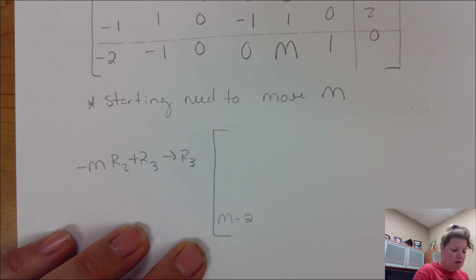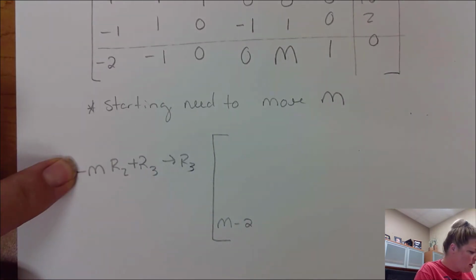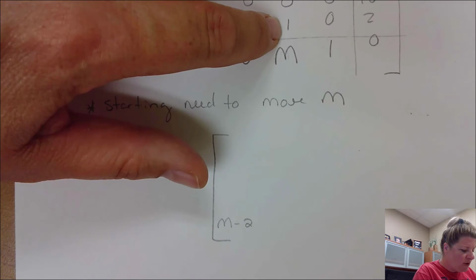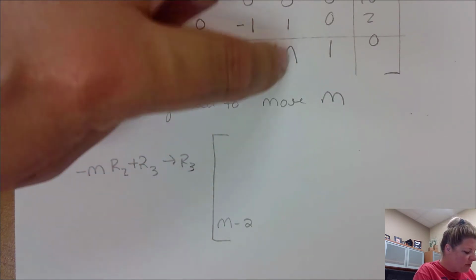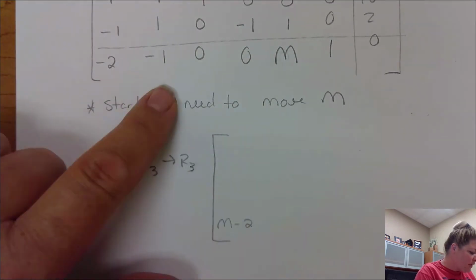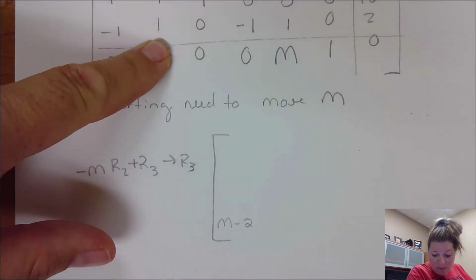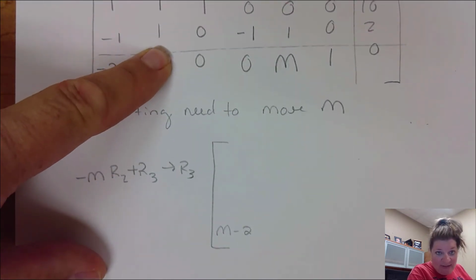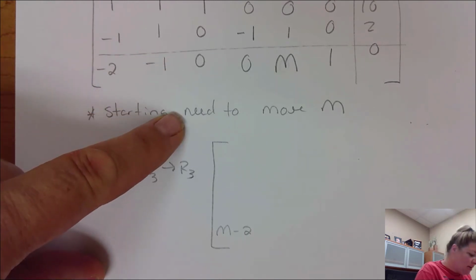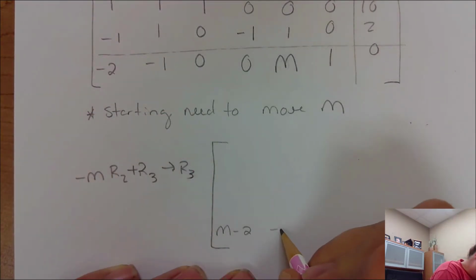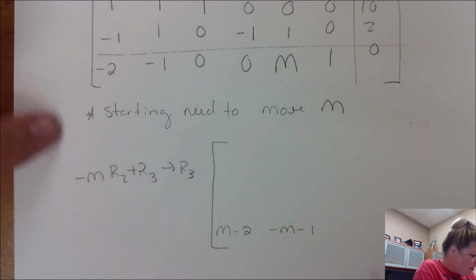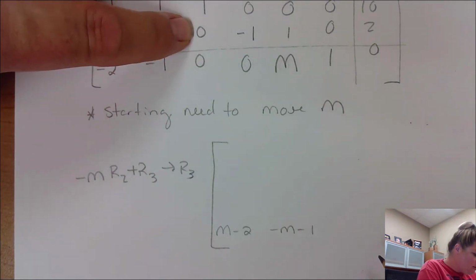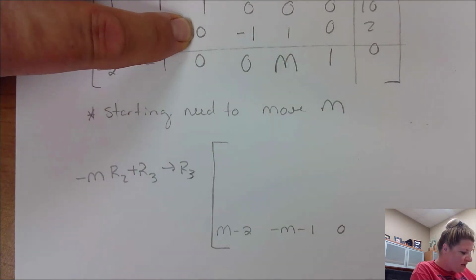Okay, what did I do? Negative M times row 2, the artificial one, and then add it to row 3 and replace it on row 3. So next one will be negative M times 1, which is just negative M, minus 1. So negative M minus 1. Okay, then the next one, negative M times 0 is 0 plus 0 is 0.